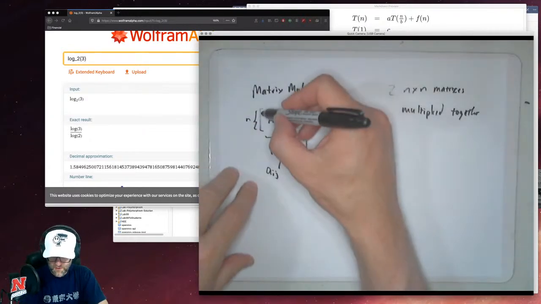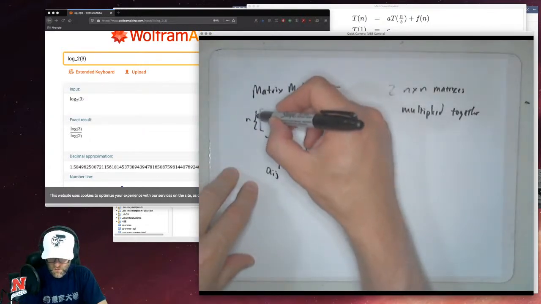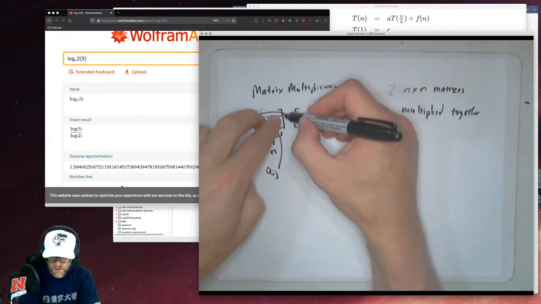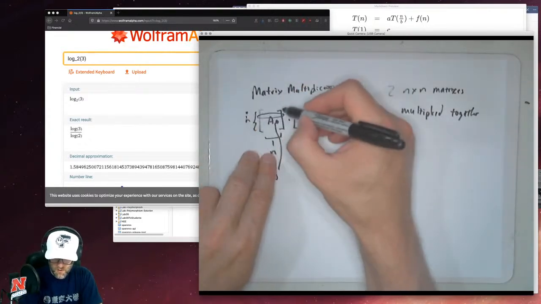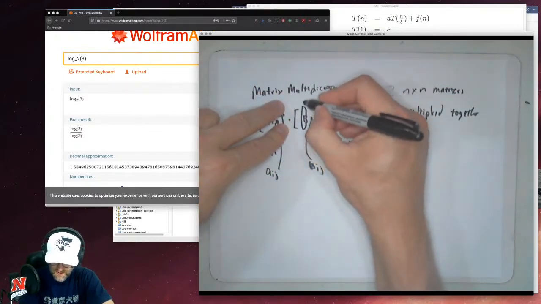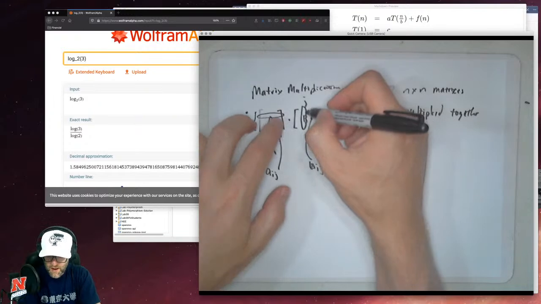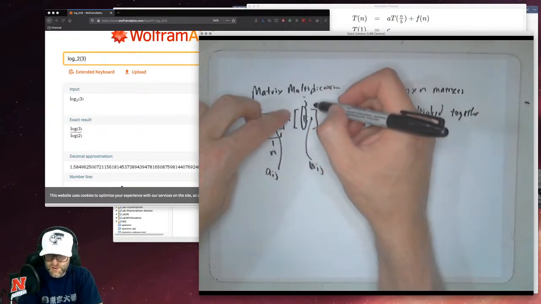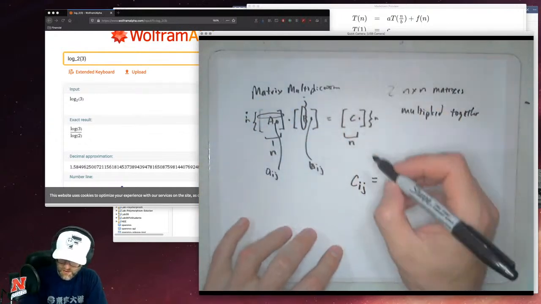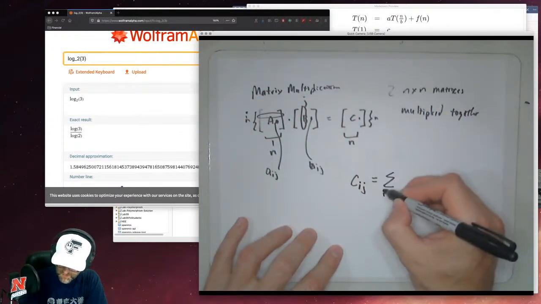The way the matrix multiplication works, hopefully you've seen it before. If not, that's okay. You take a row here, the ith row, and you transpose it over here, and you take the jth column. And each one of these n numbers in a row, and each one of these n numbers in a column, are multiplied together, and you sum them all up.